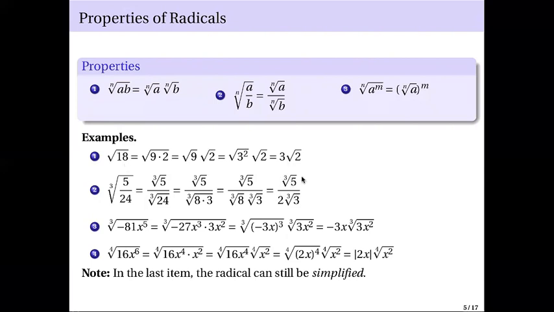This one here, cube root of 5 over 2 cube root of 3, is almost simplified. Why almost? It's because we don't want to see radicals in the denominator.